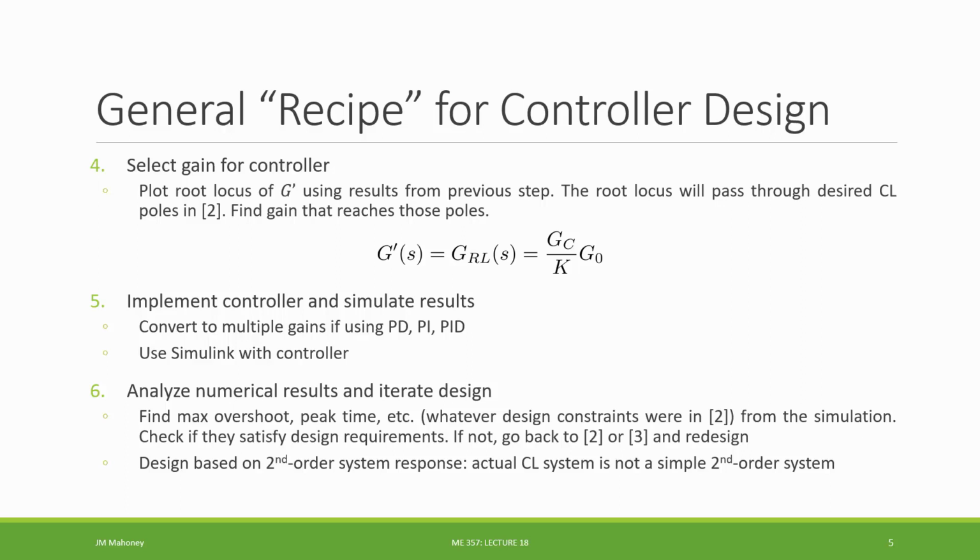And again, why is this the case? Well, from our analysis that we did in Unit 2, we really only know exactly how a second order system is going to behave. If it has a third pole, we'll know generally how it's going to change from that baseline second order system. If there's an extra zero, again, we can modify the baseline system a little bit, but we don't know exactly what that modification is going to do.